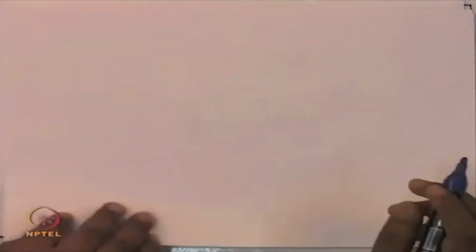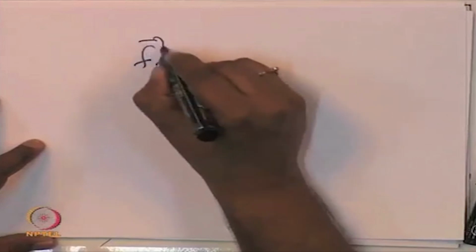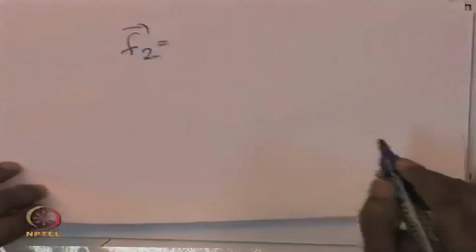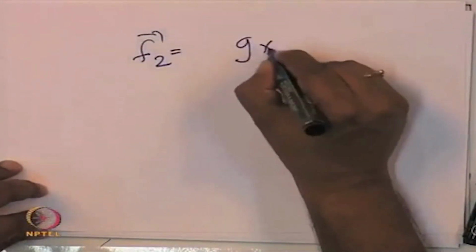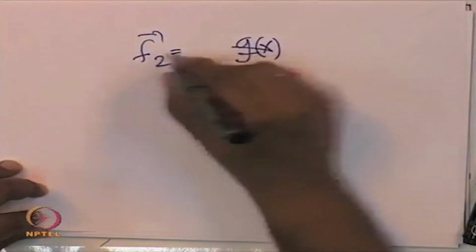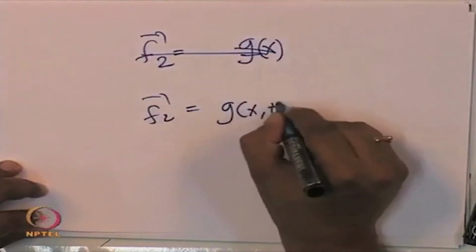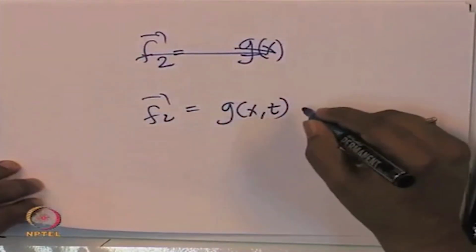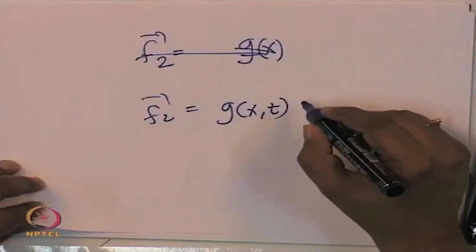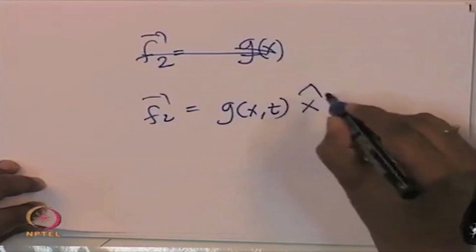A little more general, I can write F 2 is some g of x comma t, it can depend on both position and time, and you can have it along the x cap.